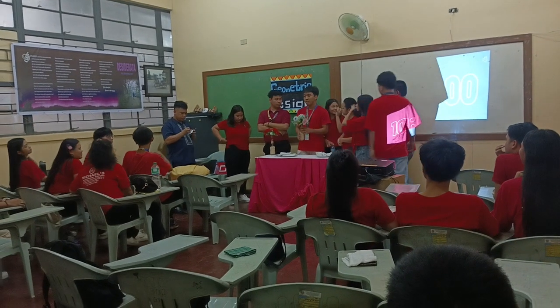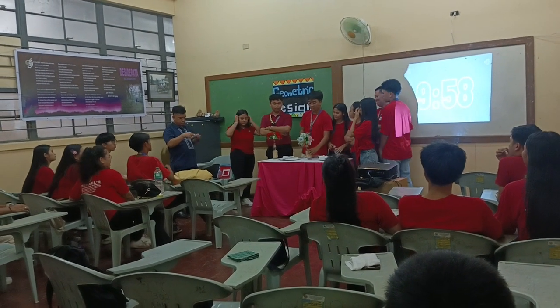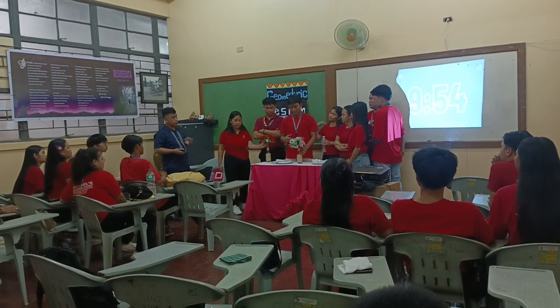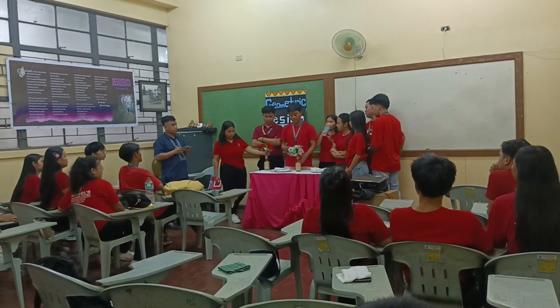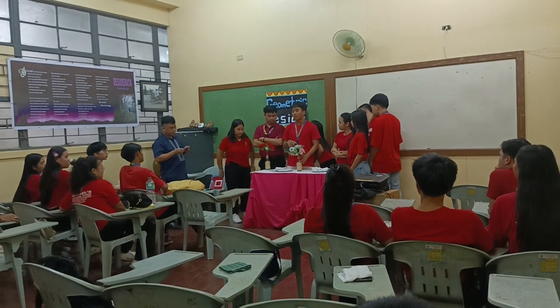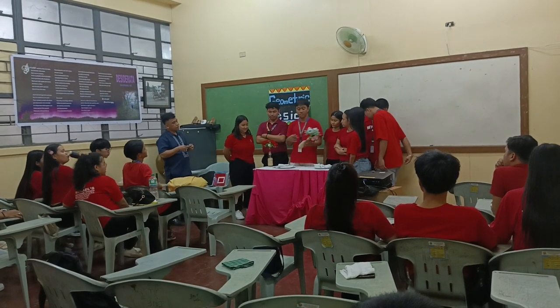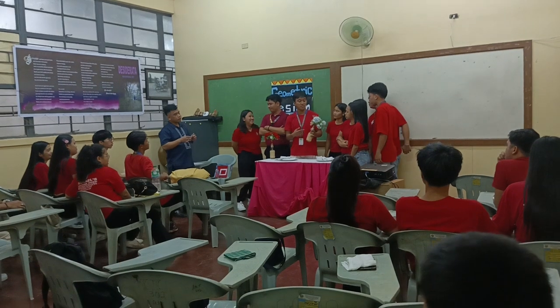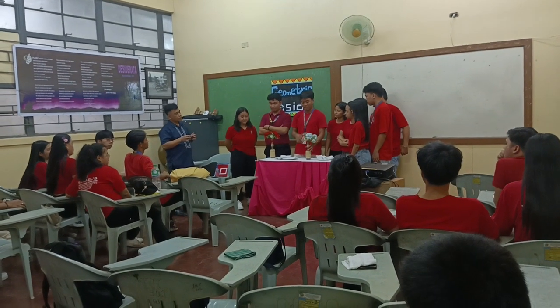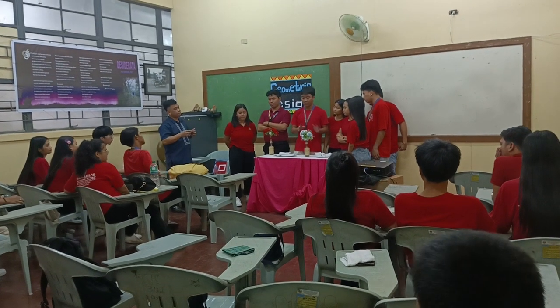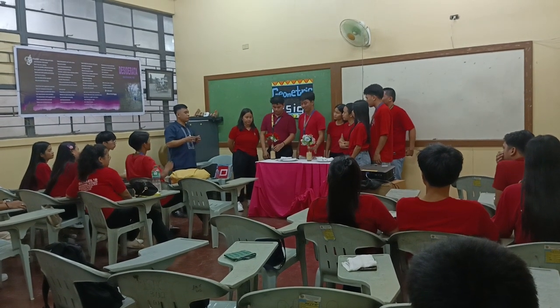So this is the first one. This is an example of an asymmetric design because it has unequal sides and a different number of flowers on different sides. Okay. Thank you so much, Group B.